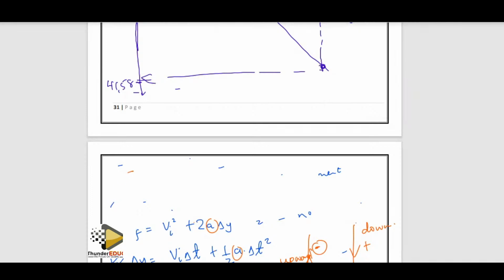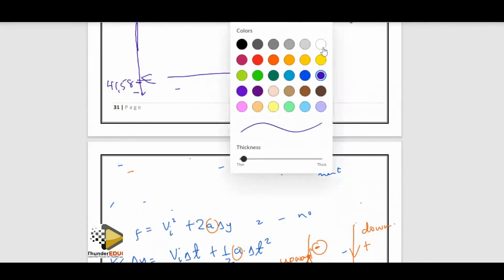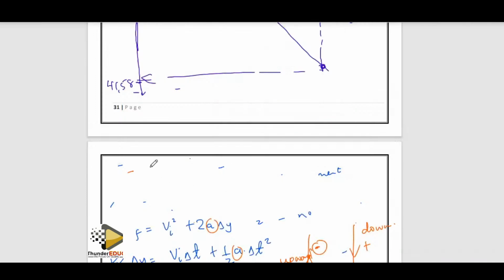Okay, so if we have an acceleration time graph, that will be acceleration, and then this will be the time. It's usually just straight lines.